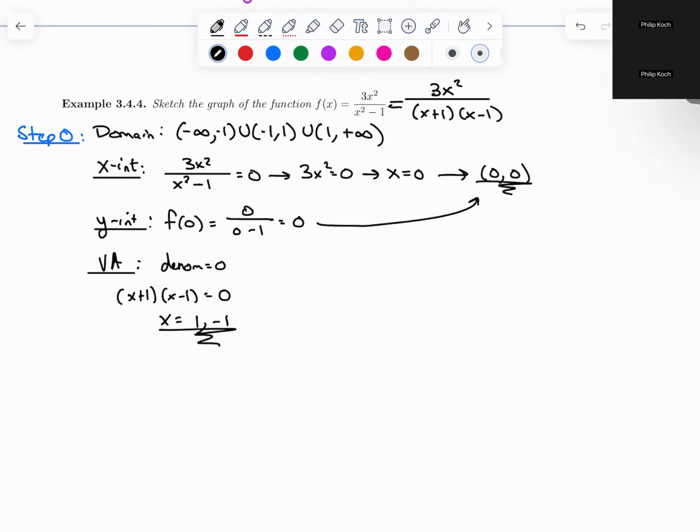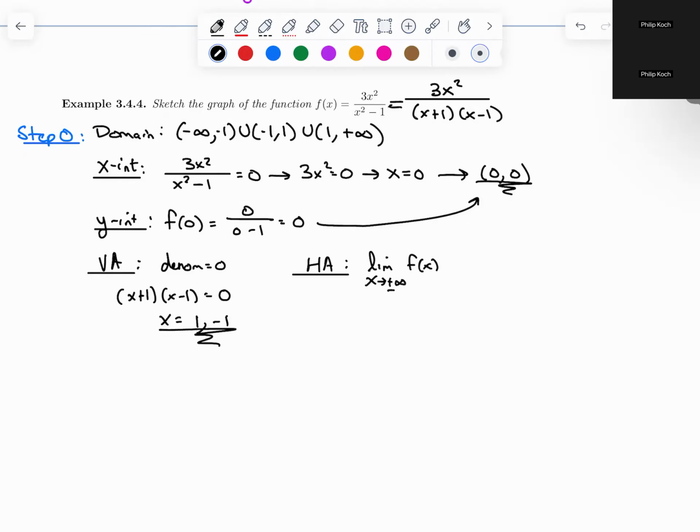The other way to verify that with calculus is to take the limit as x approaches 1 from the left or from the right, and the same thing with negative 1 from the left and from the right. You'll see that this function blows up to infinity at 1 or negative 1. But then HAs, horizontal asymptotes: you're looking at the limit as x approaches positive infinity of your function, or negative infinity.